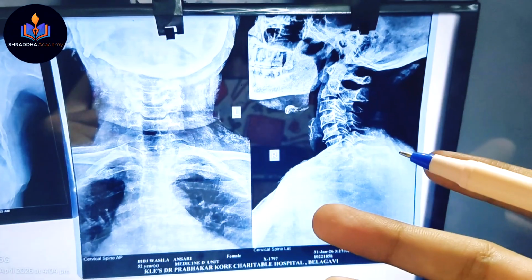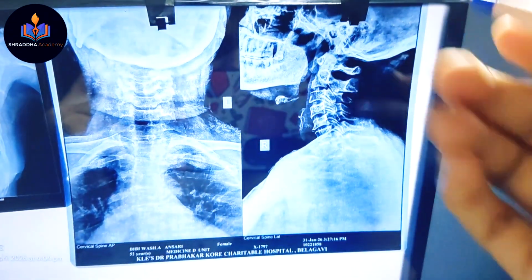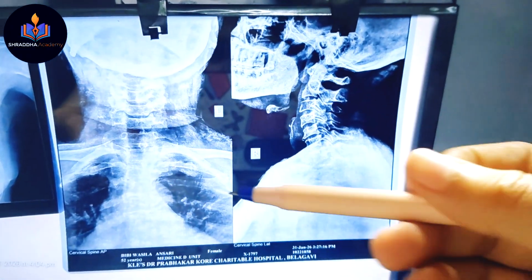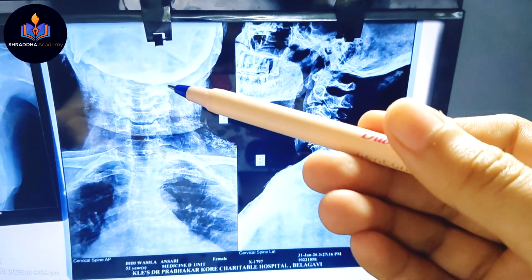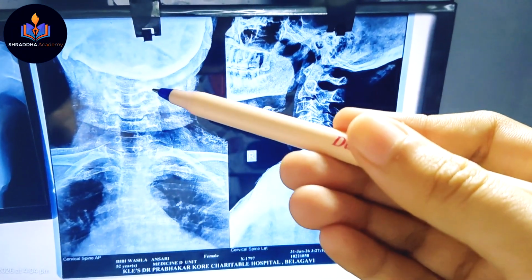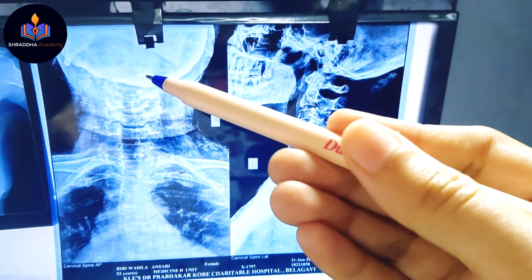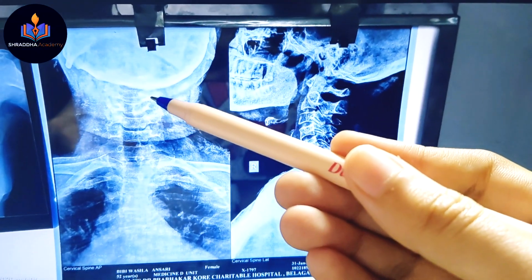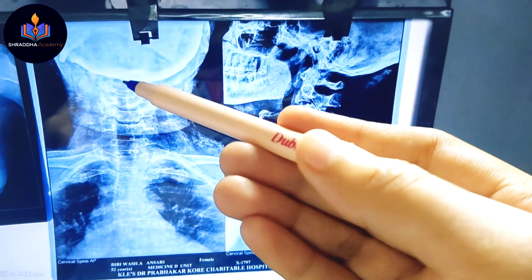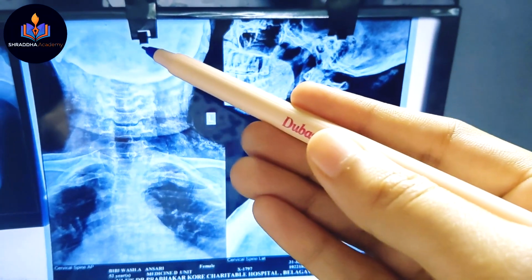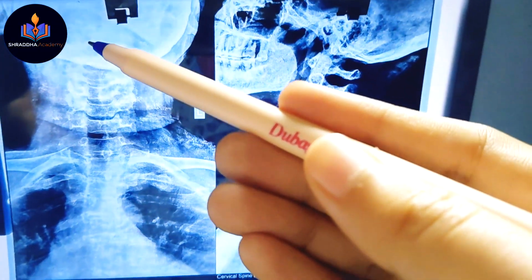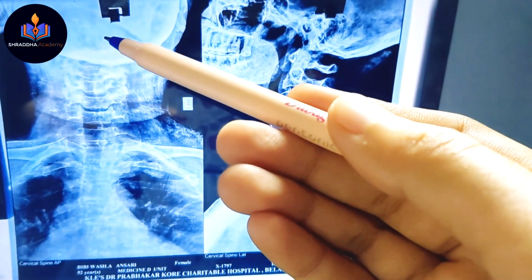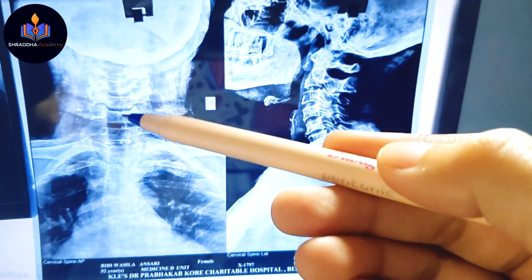Okay, this is a plain x-ray of the posterior view, and this is the plain x-ray of the lateral view. As you can see in the posterior view, the cervical vertebrae will be present, in which the first two vertebrae are atlas and axis. First is atlas vertebra and second one is axis vertebra, which is absent because it is present over here, very deep, actually inside the skull, so that's why you cannot see them.